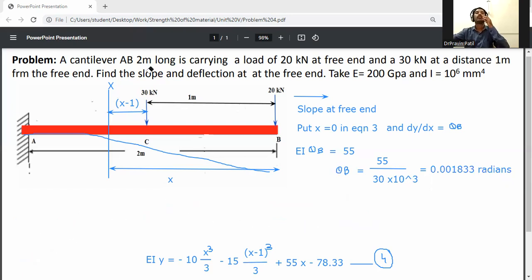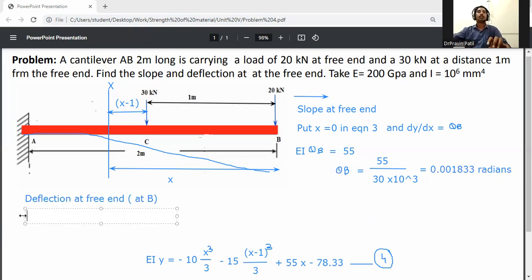Now calculate the deflection at b, the free end.